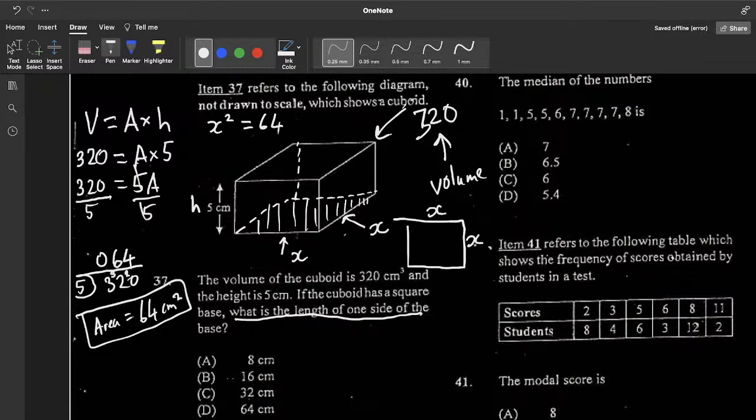Because x times x would be giving us the area of this. Now, what's the opposite of squared? Square root. So we could say x is equal to the square root of 64. Therefore, x is equal to 8. So I know that the length for this one is actually 8 centimeters. And that's our answer for that.